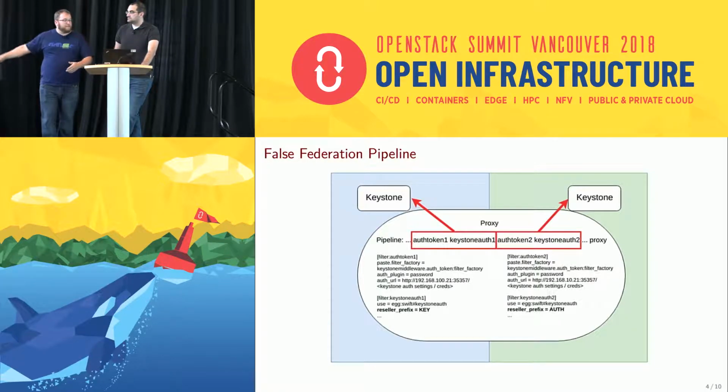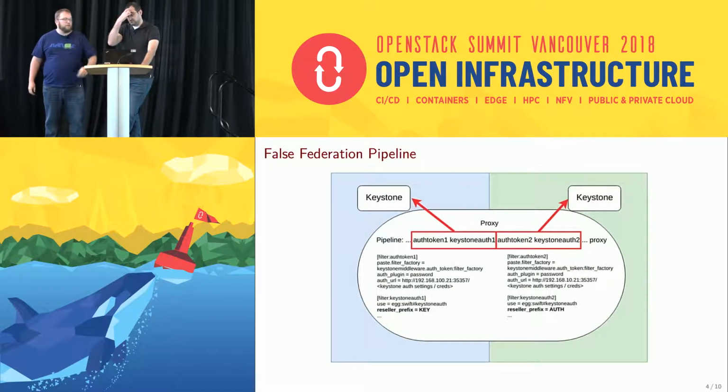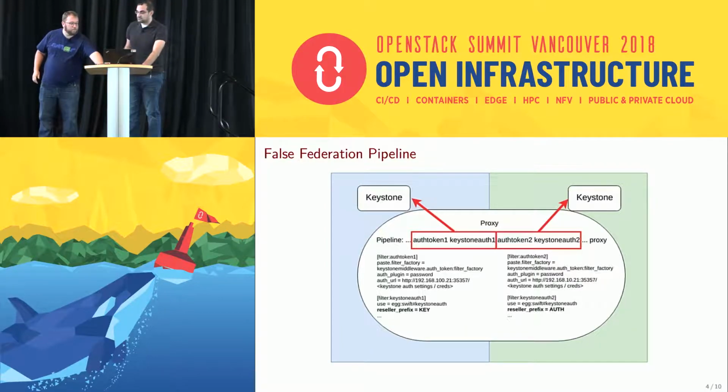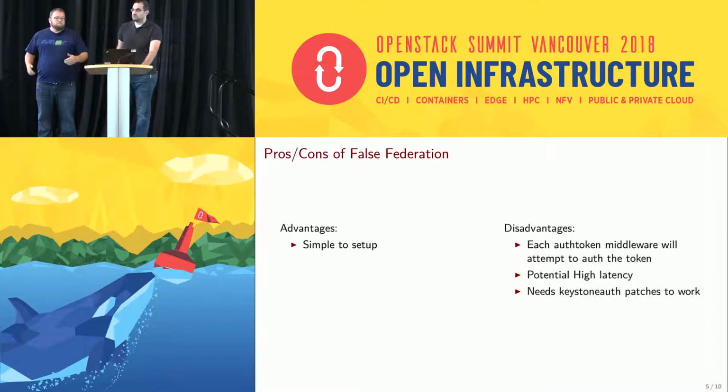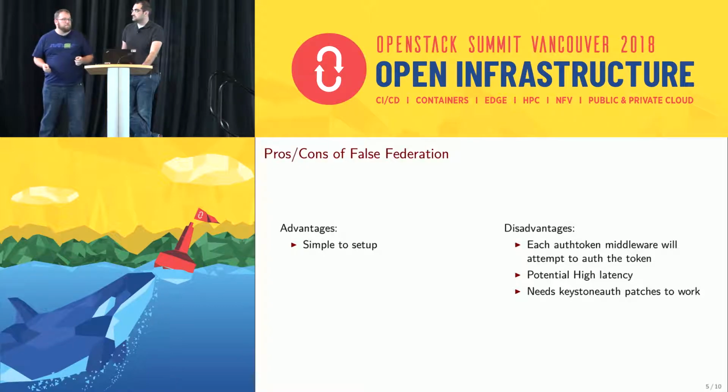In this brief example, if someone wants to talk to the blue Keystone, all their accounts are prefixed with key, as you can see down the bottom there. And if you want to talk to the green Keystone, you prefix all your users with auth. The advantage of this is it's really simple to set up, because it already exists as an ability inside Swift.